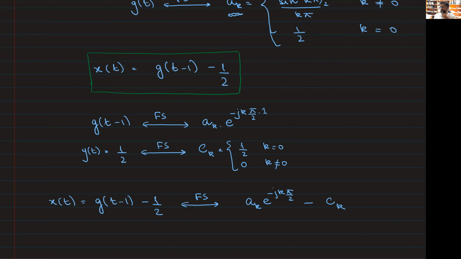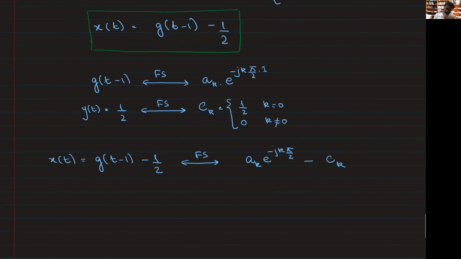And Hamza, can we use the analysis equation? Yes, you can. I would strongly encourage you to use the analysis equation to determine c_k, and you will conclude that the only c which is going to be non-zero is the k equals 0 coefficient. All others you will be able to determine are all going to be 0, no matter what omega naught you use. All right. So what are these equal to?